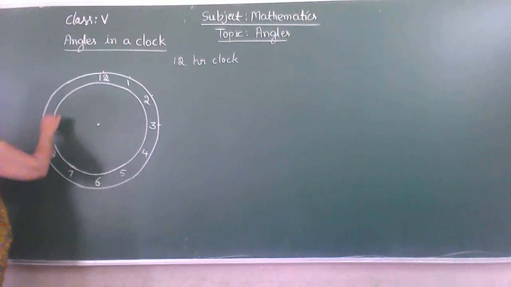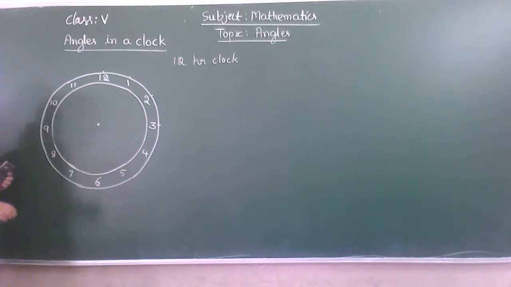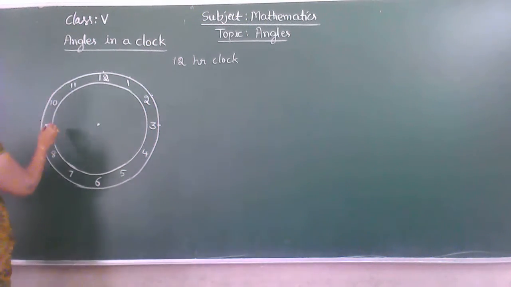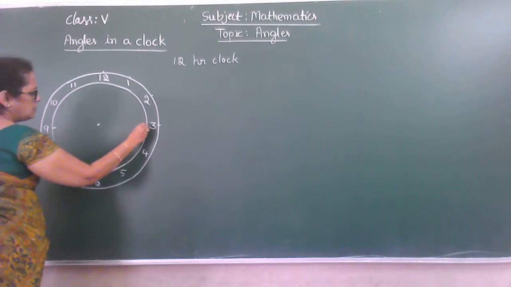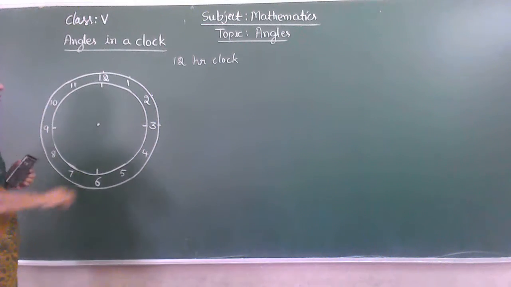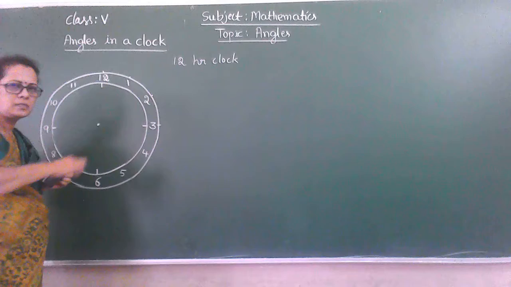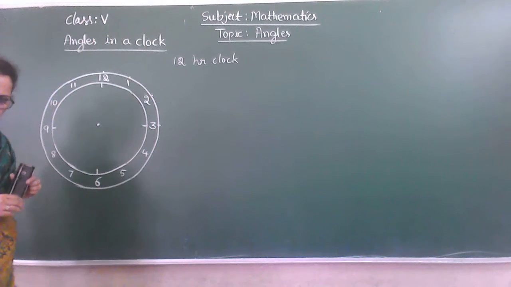In between 9 and 12, 10, 11. So we wrote 9, 3, 12, 6 first, then the middle numbers you write equidistant.